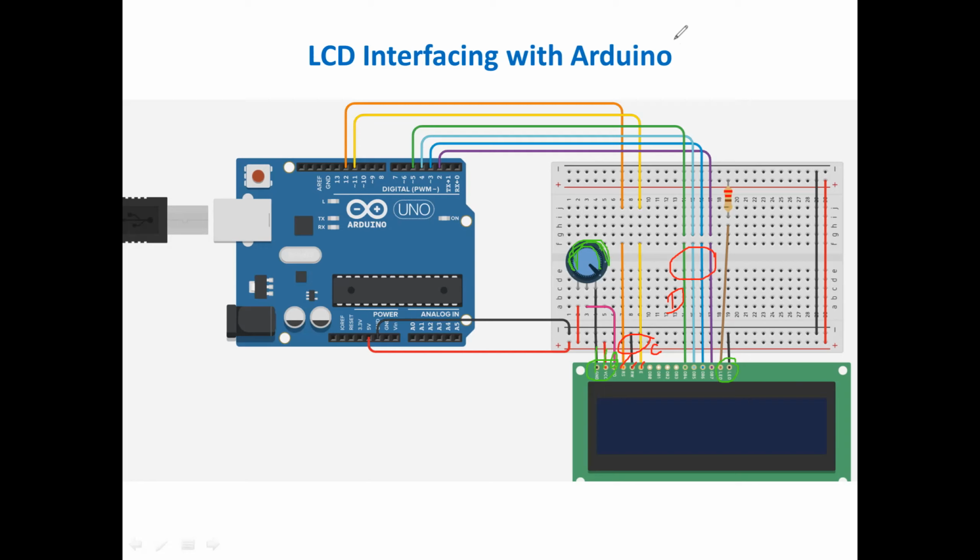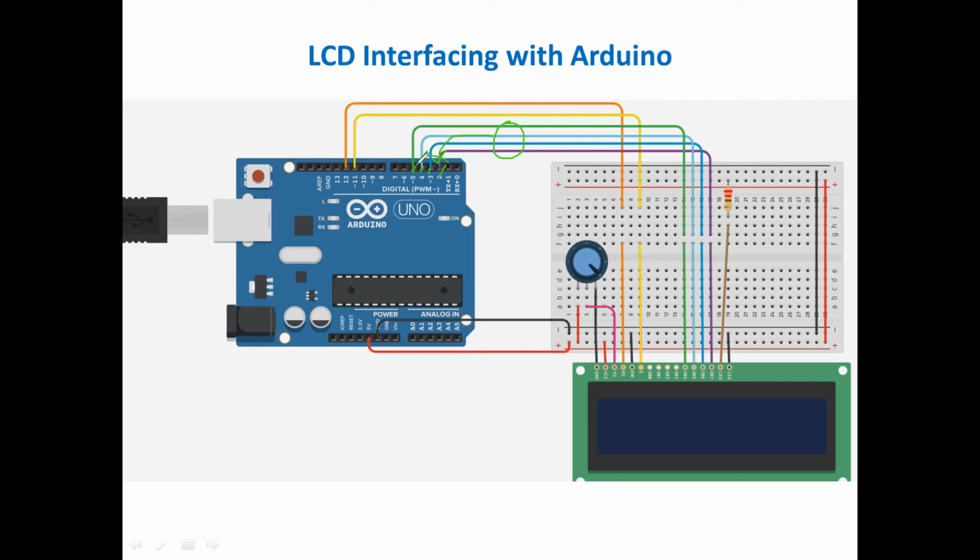Fine. So very importantly, you must know only these two lines: one is the data lines and the other is the control lines. Here we are going to connect the data lines of the LCD to the port. For example, we are going to take digital pin numbers 2, 3, 4, 5.